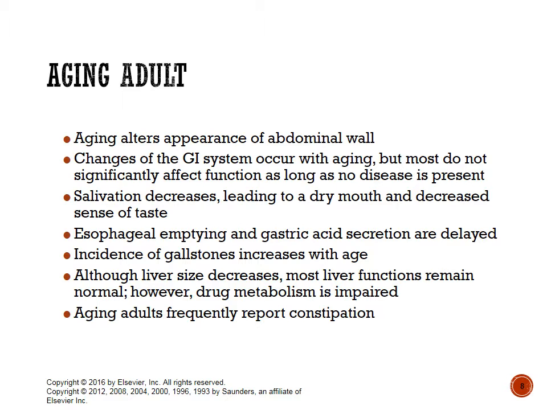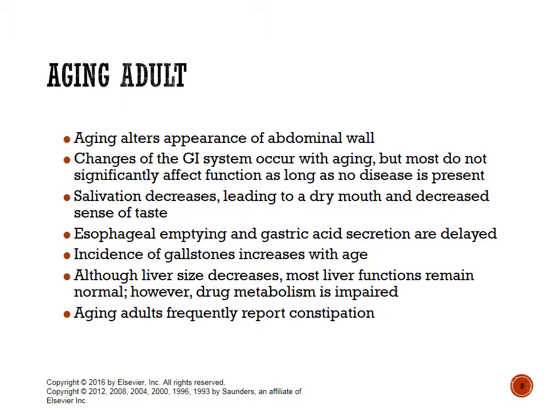Peristalsis tends to slow down. The gallbladder tends to create more gallstones. The liver size typically decreases, but the function usually stays pretty normal. But we do know after pharmacology that drug metabolism does seem to be impaired or slowed. And they have lots of problems with constipation.